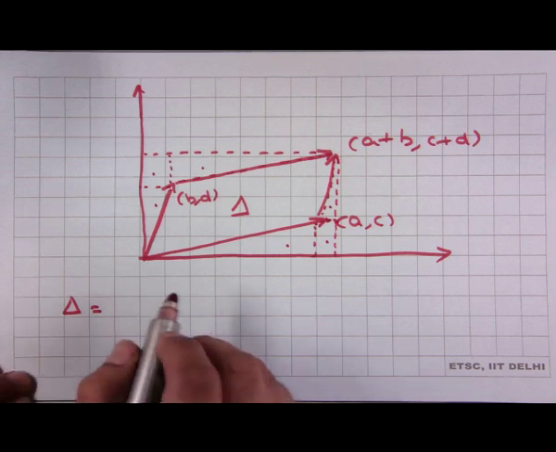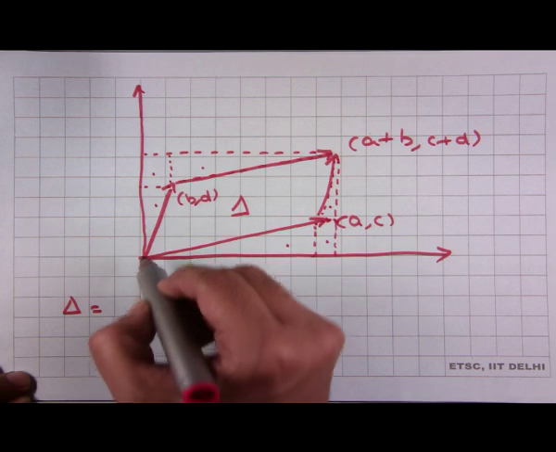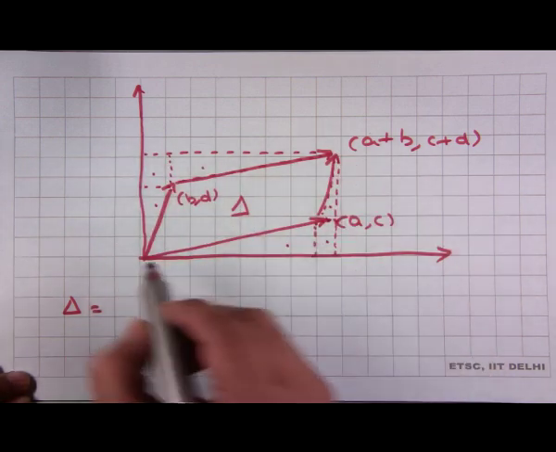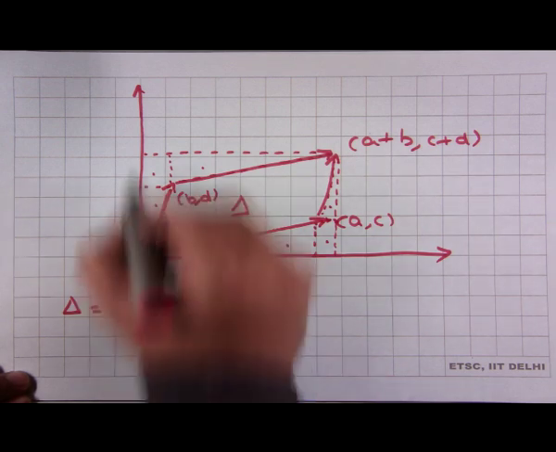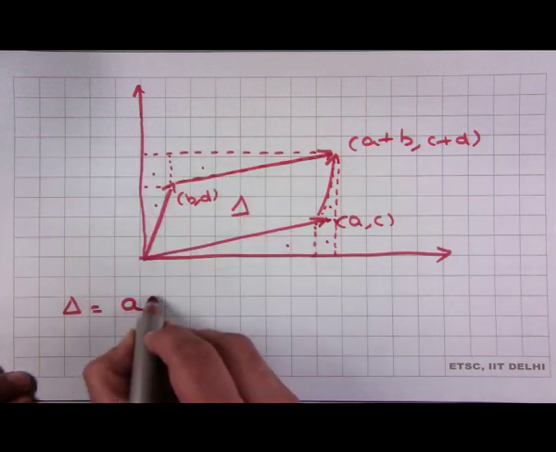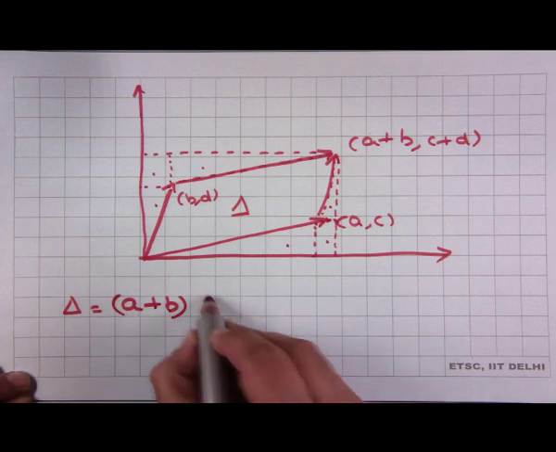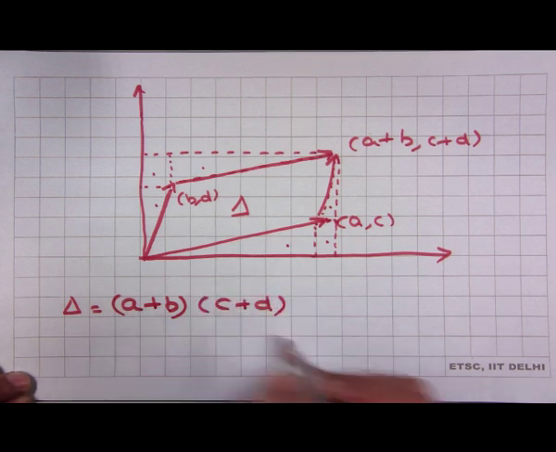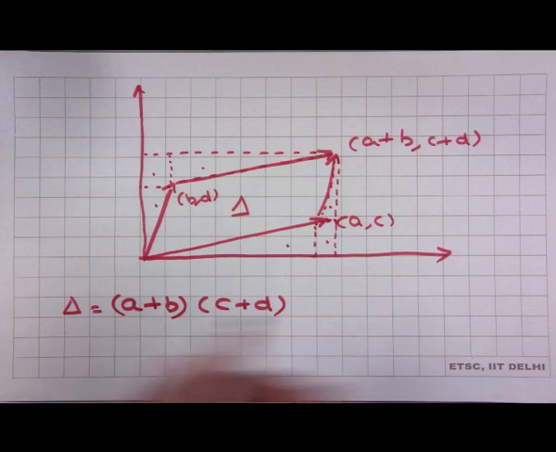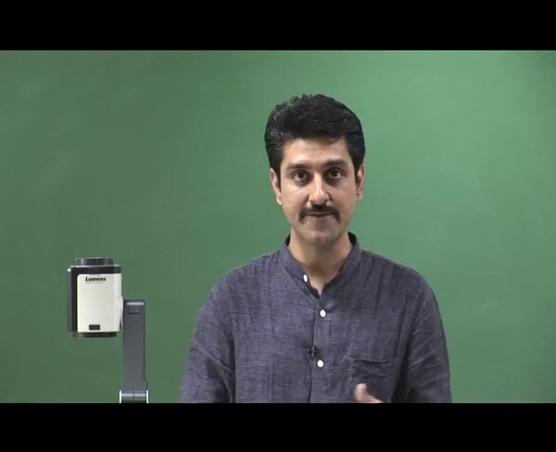What is the overall area of the big rectangle? This is nothing but the length times the breadth, which is A plus B times C plus D. And from here we have to calculate the individual areas. Remember that the area of a triangle is half the base times the height, and the area of a rectangle is the length times the breadth.